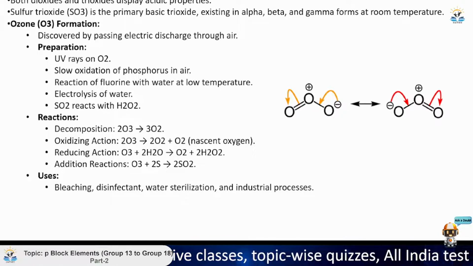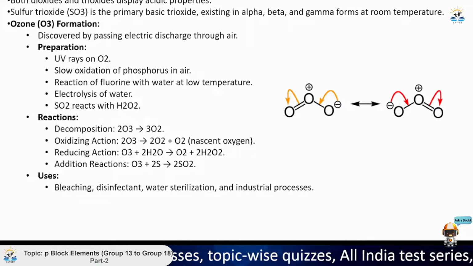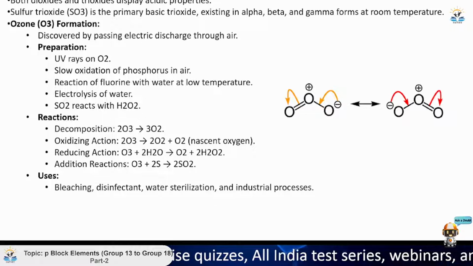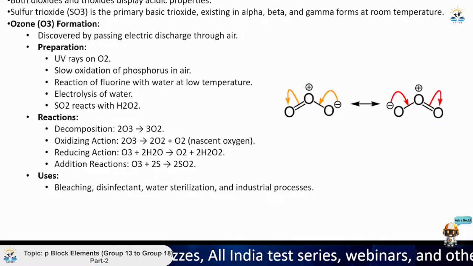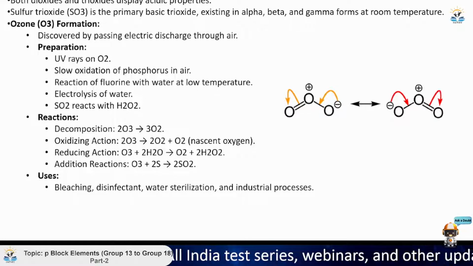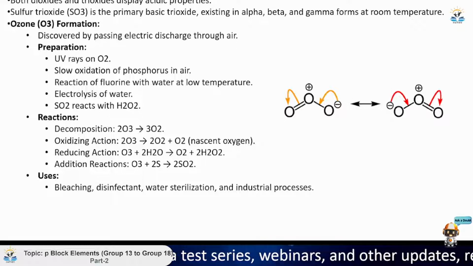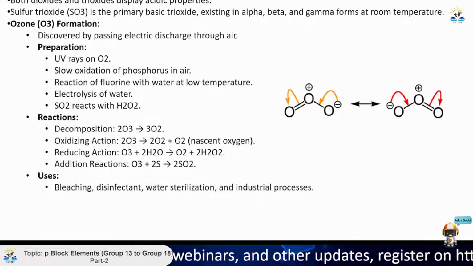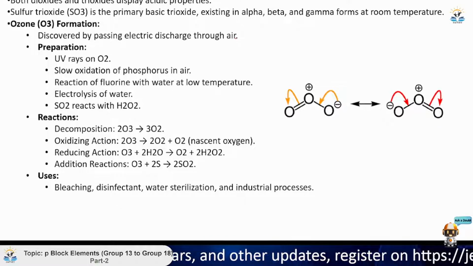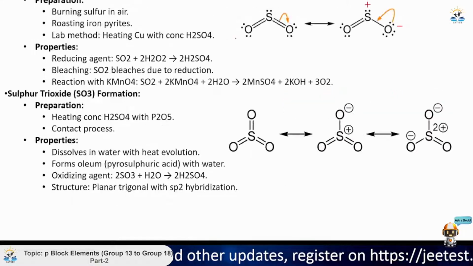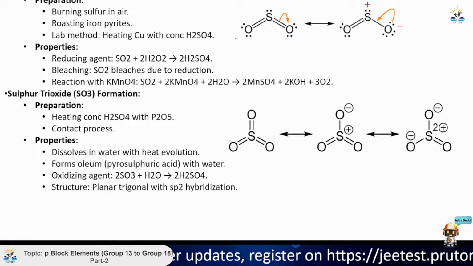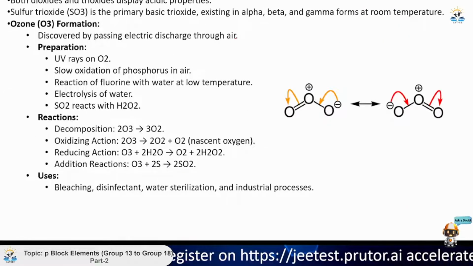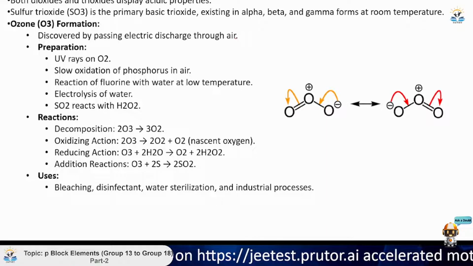Now, EO2 or EO3 are the two forms in which you see oxides over here, and both of them are acidic in nature, okay? And we have a lot of alpha, beta, gamma forms of these various oxides. And we have a few oxides to discuss. One is ozone, the other is sulfur dioxide and sulfur trioxide. Okay, so we have these three oxides that we have to discuss over here.